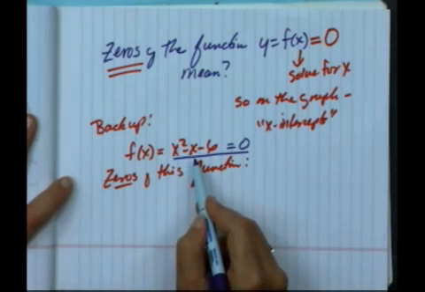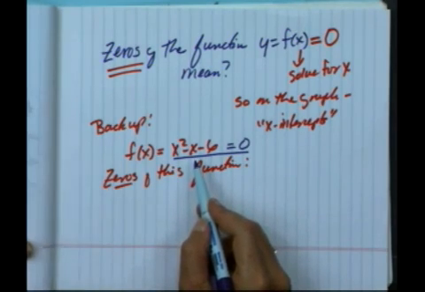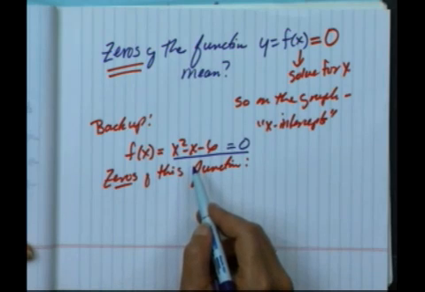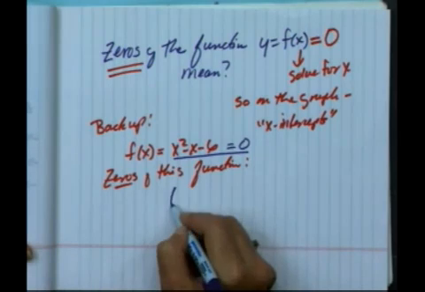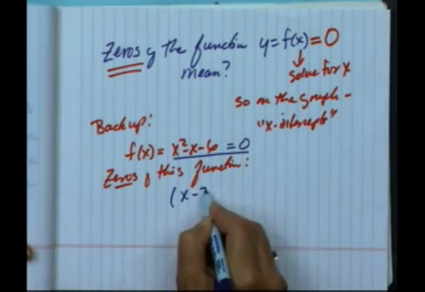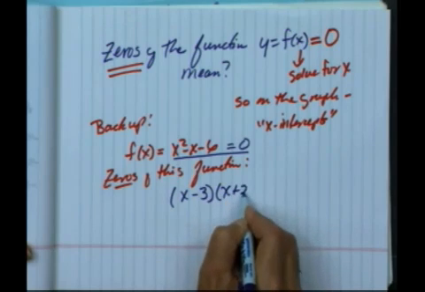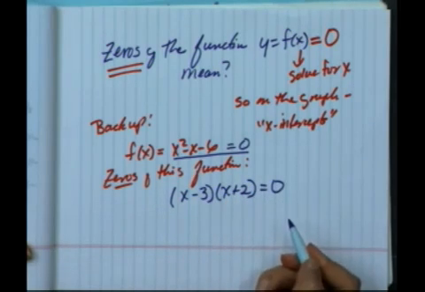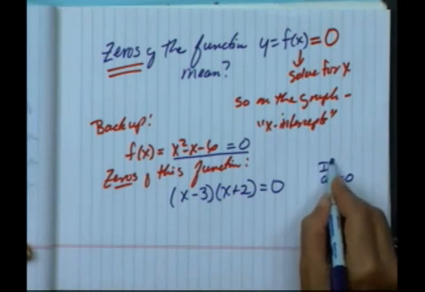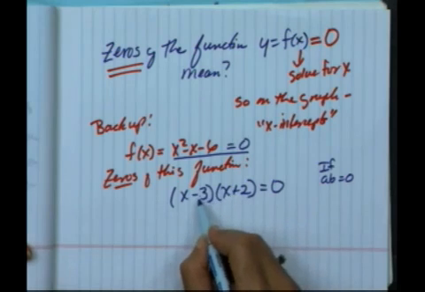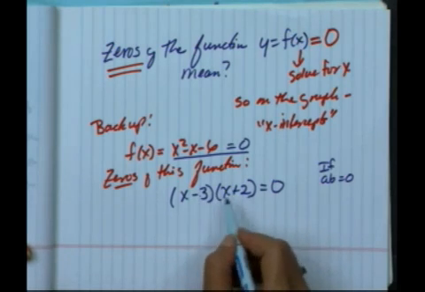How are you going to solve a quadratic? You could go to the quadratic formula, or you can factor. Factors: (x minus 3)(x plus 2) equals 0. Then you use the rule that a times b equals 0. Factors means things are multiplied together.